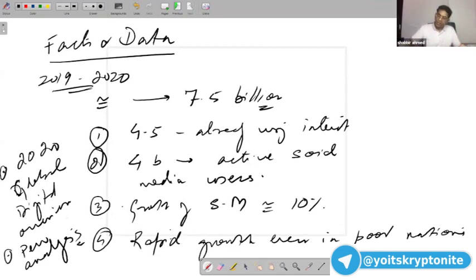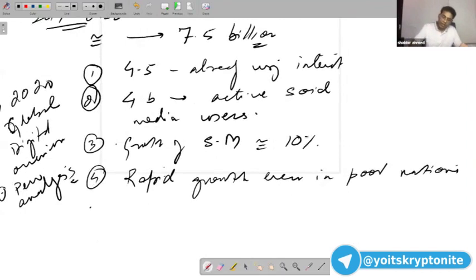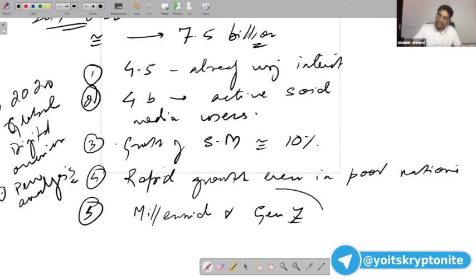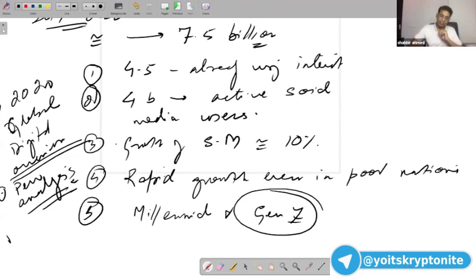Rapid growth even in case of the poorer nations. The fifth point here is that millennials and Generation Z, especially these.